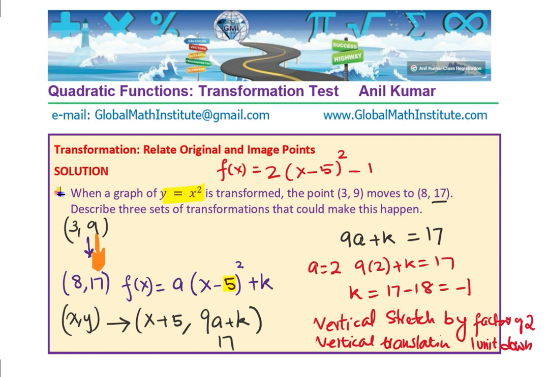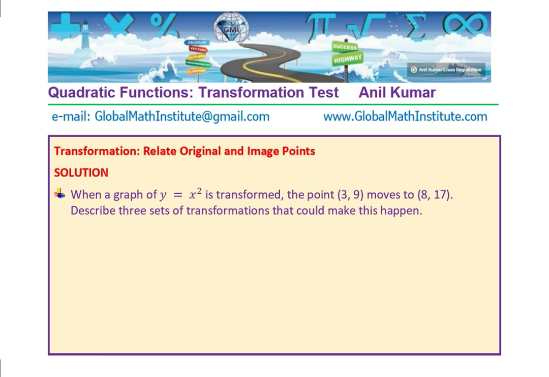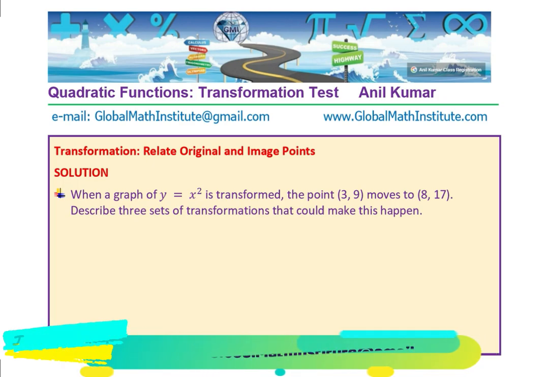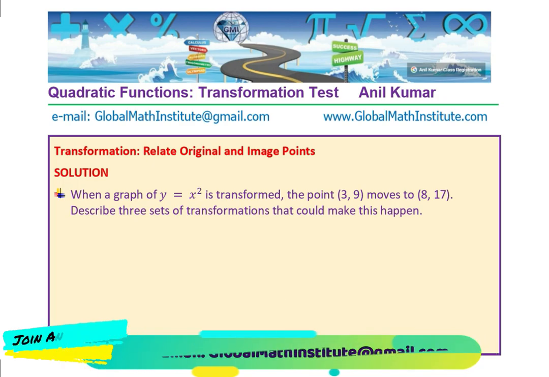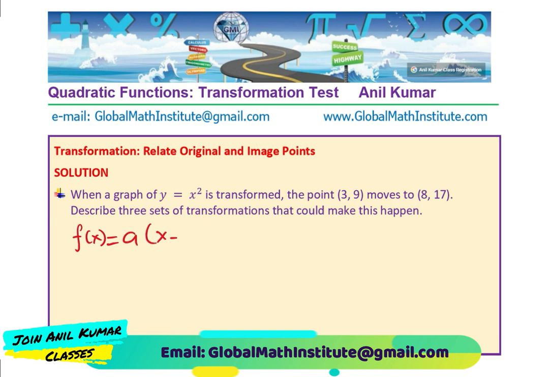Now let's look into other possible solutions. Our function f(x), once again, is a times (x minus 5) squared plus k. So we already matched 3.